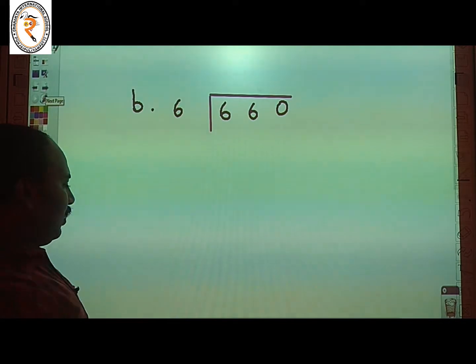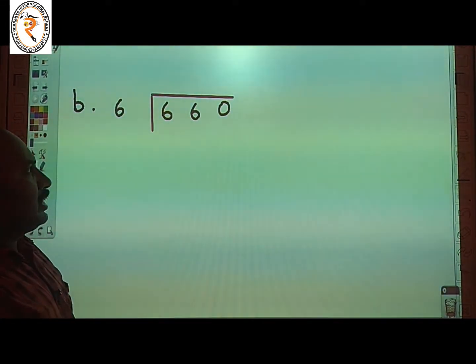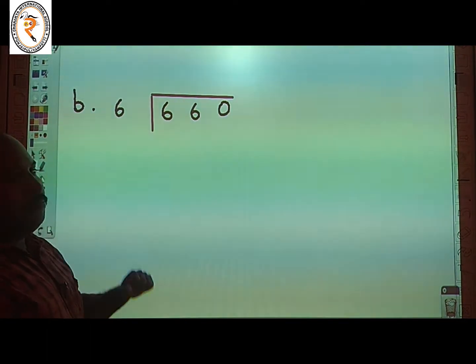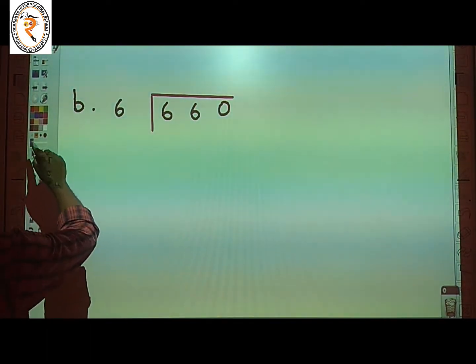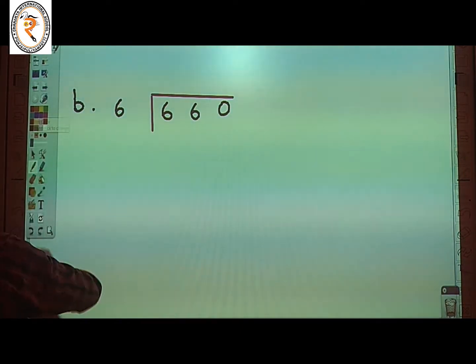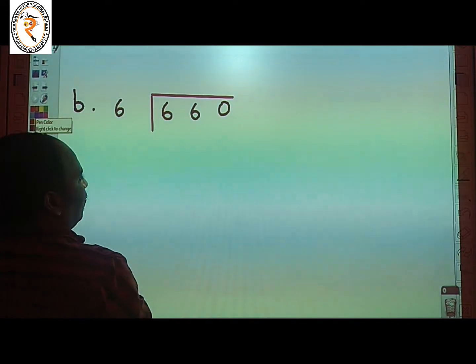Next one, B part. 660 divided by 6. Ones, tens, hundreds.